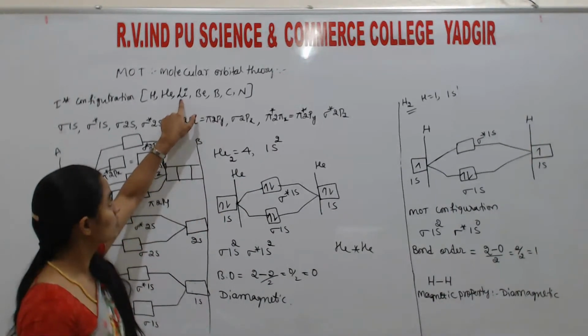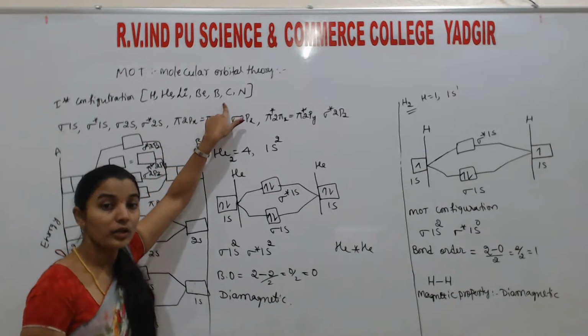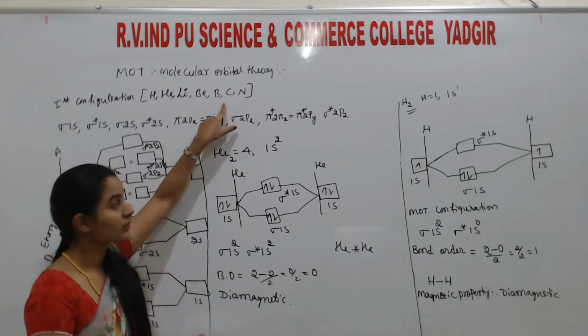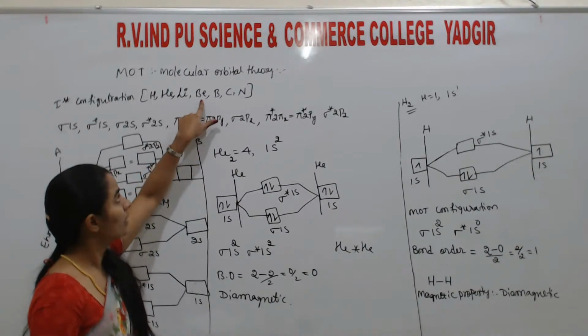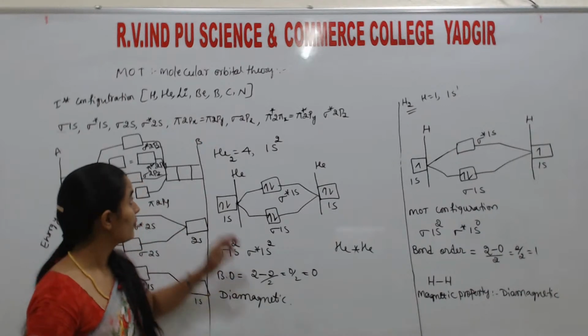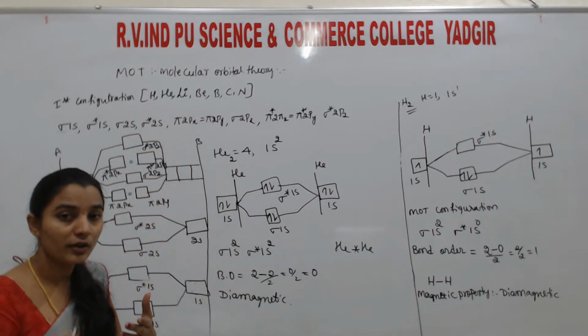So students, you just do it for lithium, beryllium and boron yourself. Carbon and nitrogen I will explain in the next class. Lithium, beryllium, boron. Understood? So follow this diagram and this configuration. How to write the configuration?